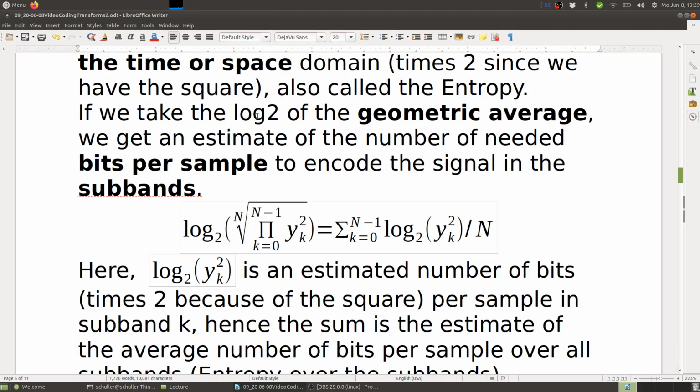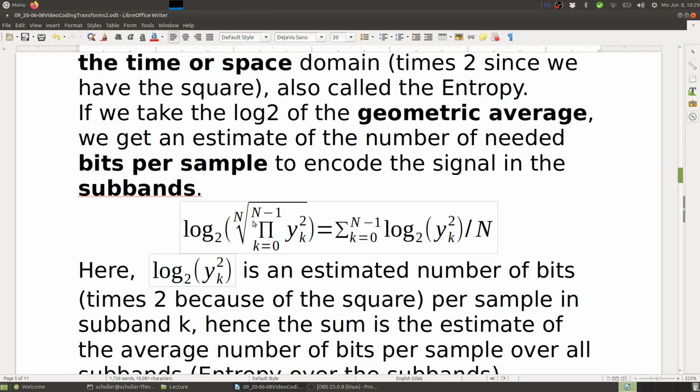So if we now take the log 2 of the geometric average, we can get an estimate of the needed bits per sample to encode the signal in the subbands. So you can see it, the log 2 now in the term in the denominator.